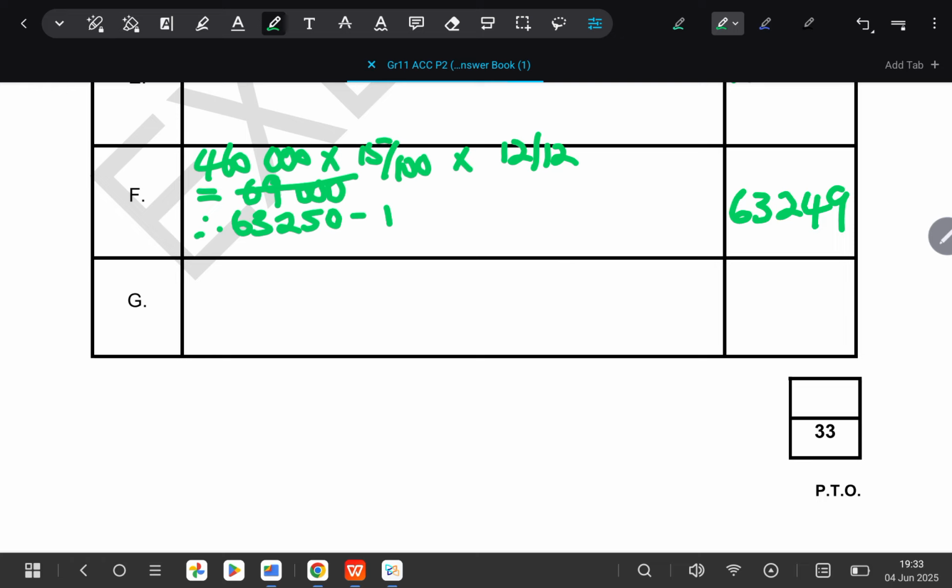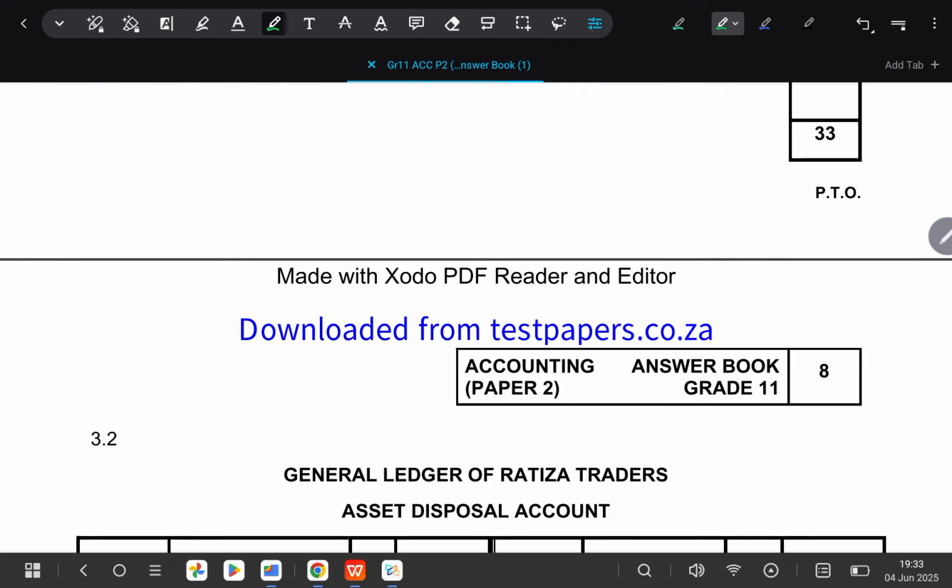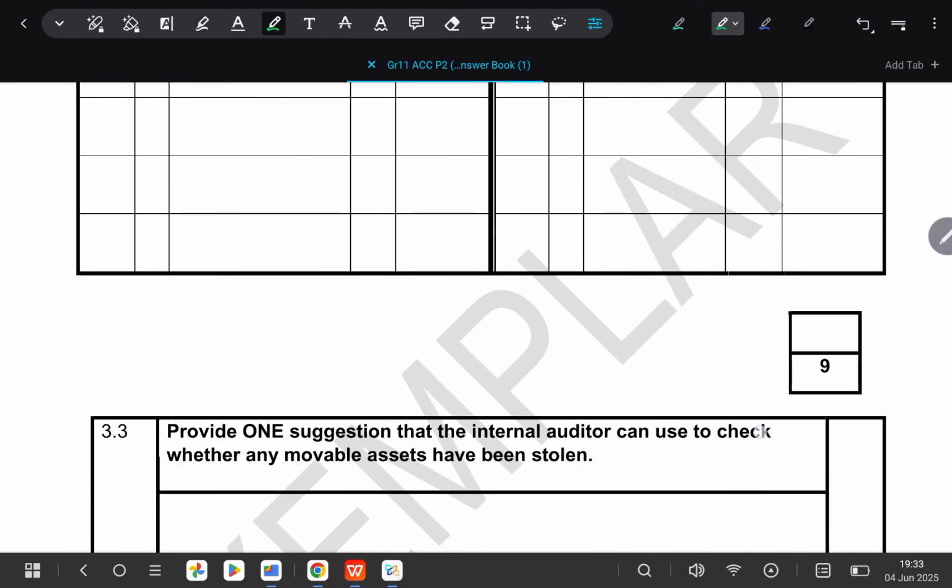So you say 396,750 plus 63,249, then it gives you 459,999. And then after this, you also need to prepare the asset.